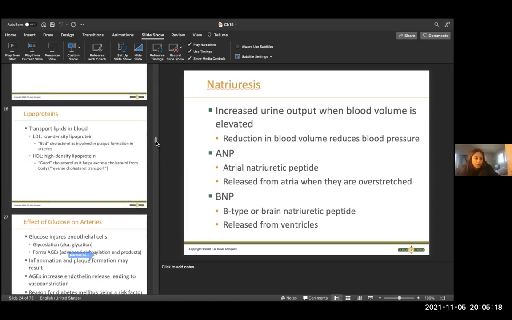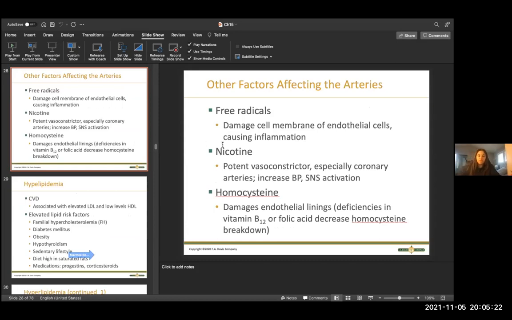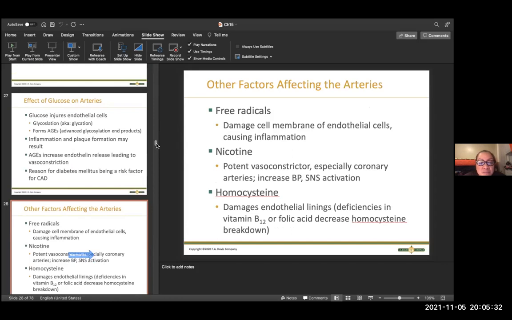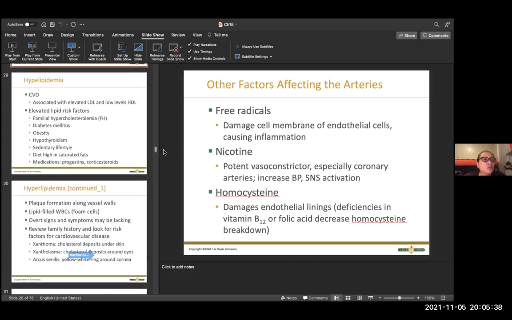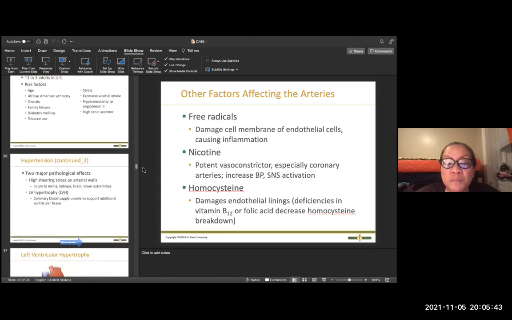I need to know something about this. Hold on. What's happening here? I'm trying to minimize zoom. Okay, now I maximize the zoom.